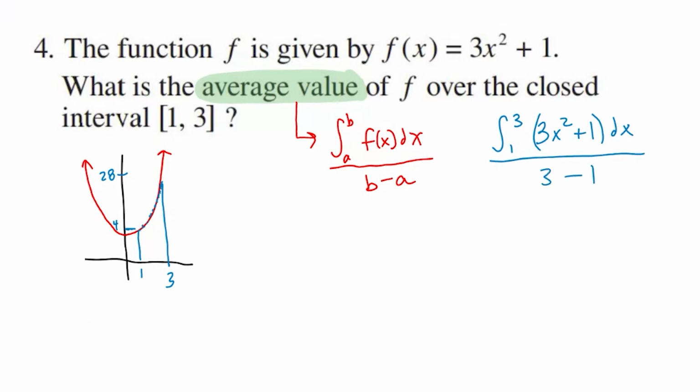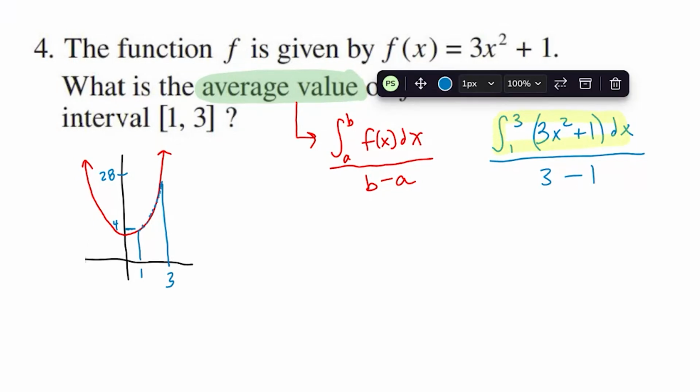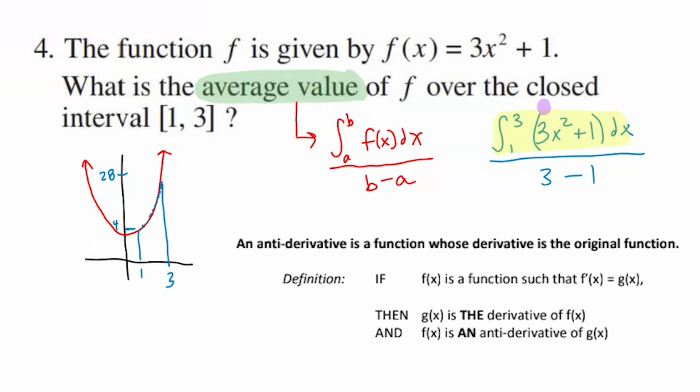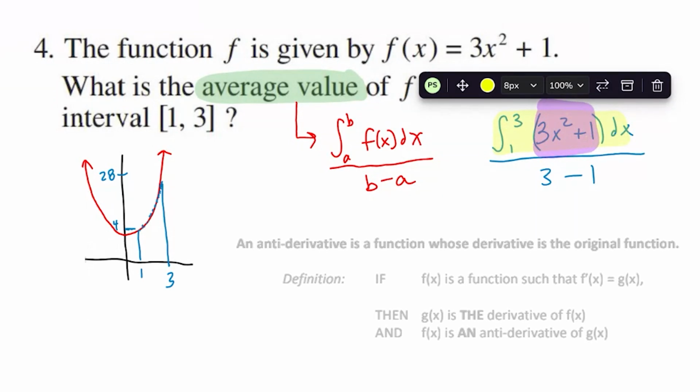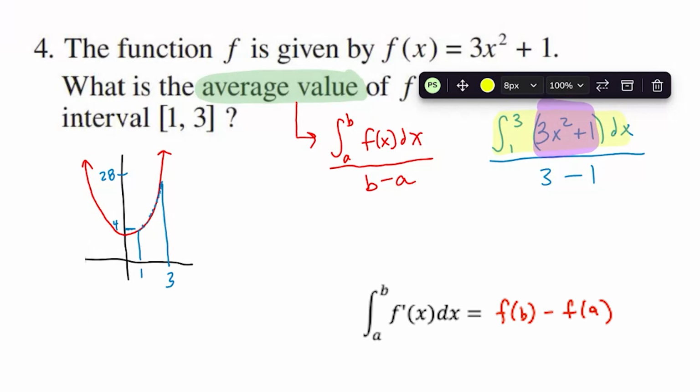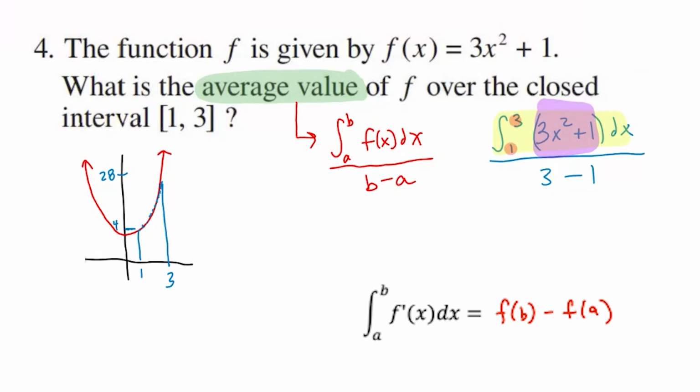Now, to evaluate this definite integral, we have to anti-differentiate the expression in here, and we'll use the anti-power rule to do that. Then we'll substitute the endpoints, 3 and 1, into that antiderivative and find the difference between them. So let's find the antiderivative of 3x squared plus 1.